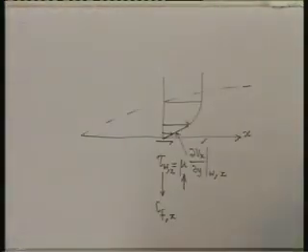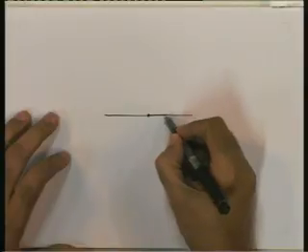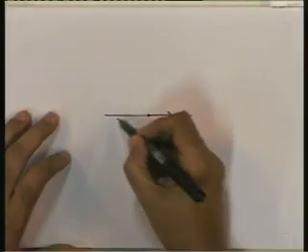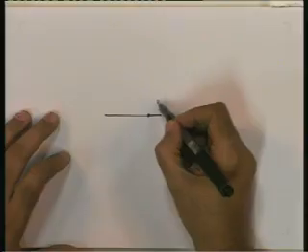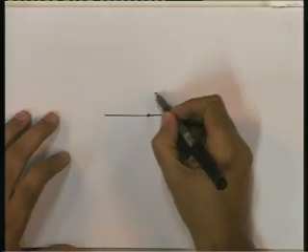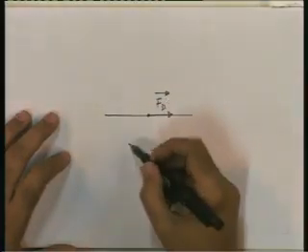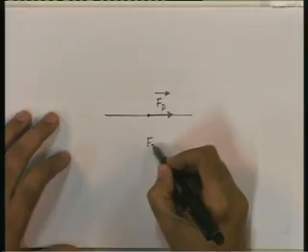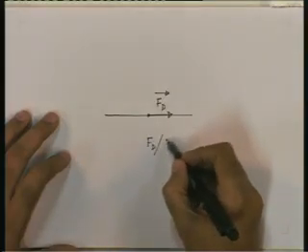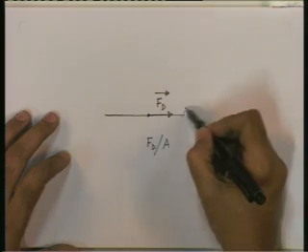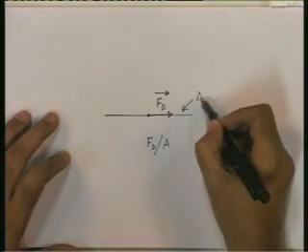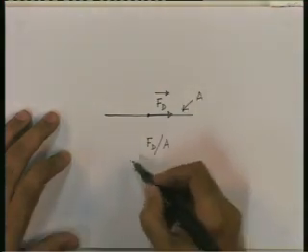So, maybe I should draw another figure. If this is the plate, and on the plate the total net force because of all the skin frictions is Fd, then take the magnitude of Fd divided by A, where A is the total area of the plate.